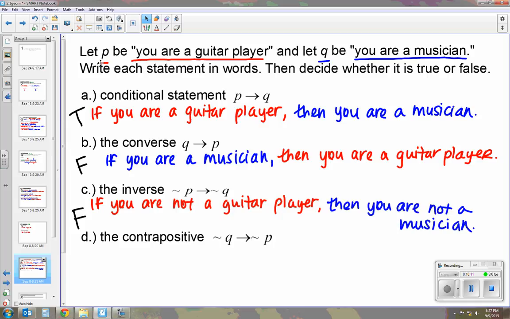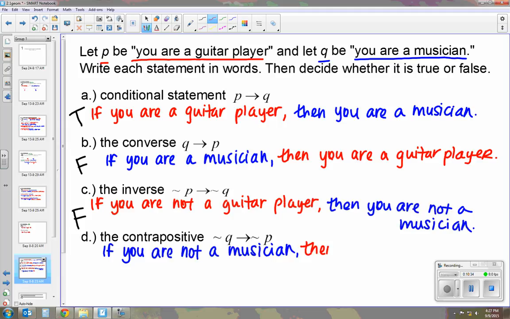And the very last one is called a contrapositive. And if you notice, they flipped the Q and the P, and they've also negated it. So we're going to start with a Q and negate it. If you are not a musician, then you are not a guitar player.